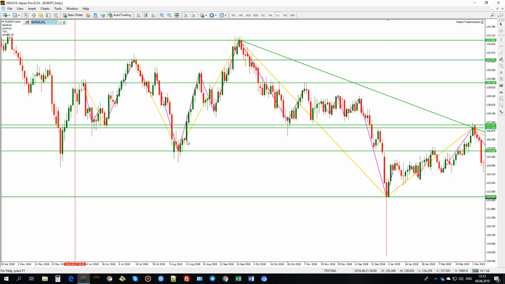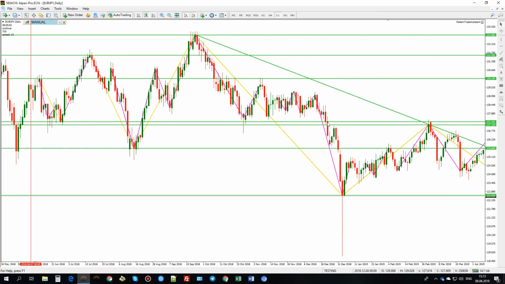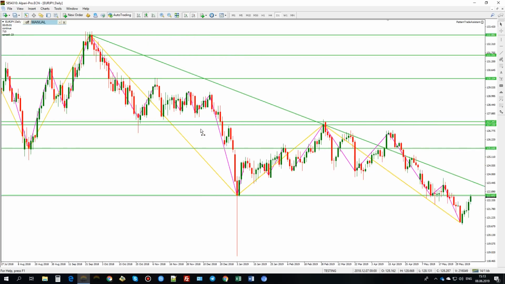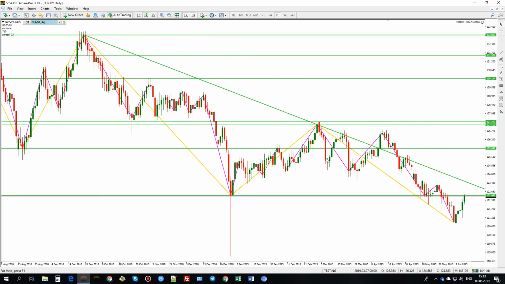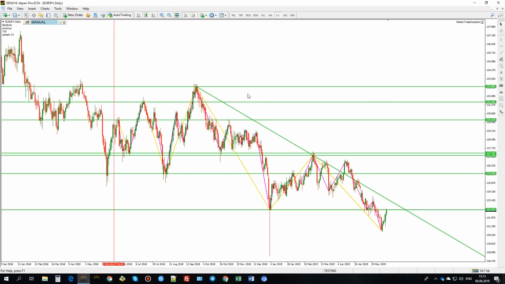Here, to break it to the downside, we require powerful movement to the downside. We reverse here, or we're gapping when breaking this level. It is also a sign of power. So breaking these levels, in many cases, requires powerful candles, powerful movements, or it reverses.